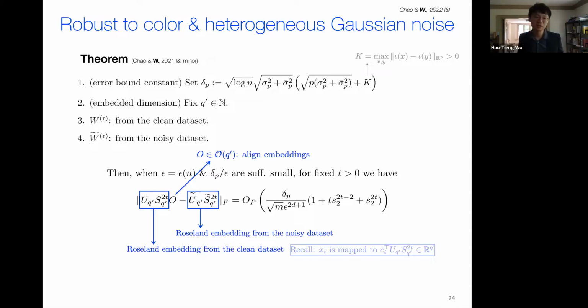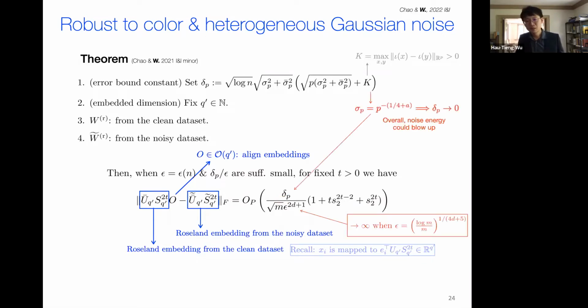And this is the robustness to heterogeneous noise. Here I just show you the result with Gaussian noise, which only tells you that the embedding from noisy data and clean data, once you do some proper alignment, you can get some proper diode. And what it tells you is something interesting.